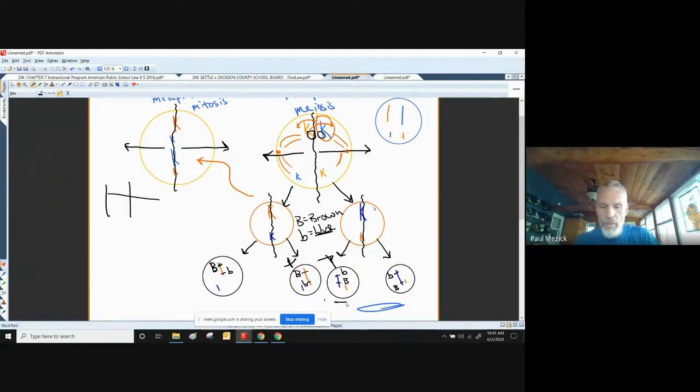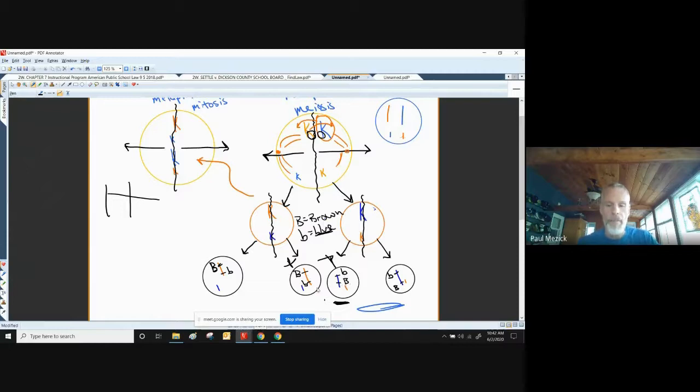If the child receives this, we'll say this is the mom, so this is the egg, and we don't know what dad's makeup is for these two traits, we could safely say, considering this mom, that child will have the chances of having brown eyes, brown hair, and blue eyes, possibly, depending.